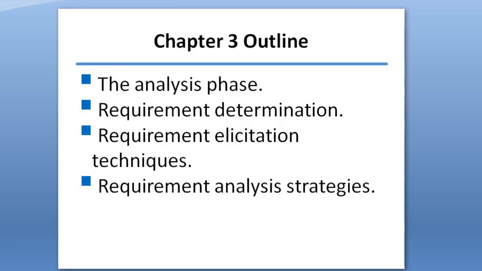When we say requirements, what do we understand? Requirements, on the basis of systems analysis, are functionalities or characteristics that the system should have. And requirements are not just one requirement, they are in different categories or types.